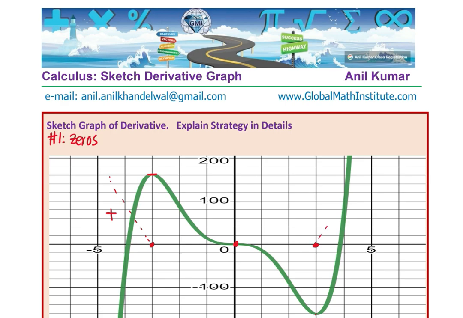And here again, it is above the graph. In between, it is negative. Perfect. So we identified that here we all have positive, then negative, negative, negative, negative, and then it rises once again. So positive. Correct?